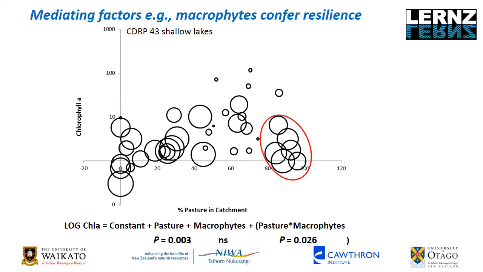And we can explore this by building statistical models with macrophytes as a covariate. And here we see that macrophyte by pasture interactions are significant in this relationship, which is exactly what I've just described here. So we have some evidence that macrophytes confer resilience or resistance to eutrophication, to the pressures of land use change and how they manifest themselves in increasing algal biomass.